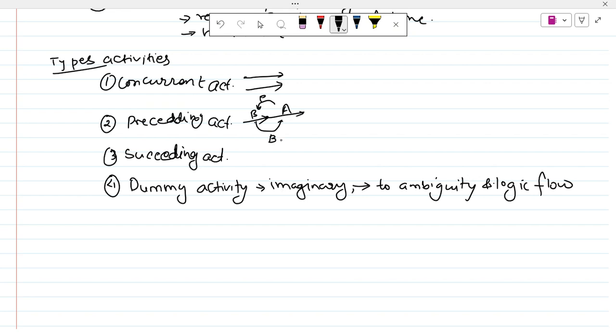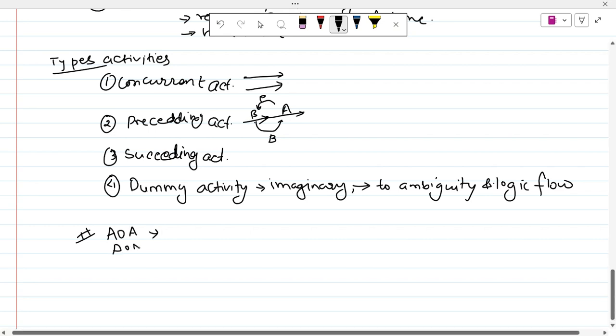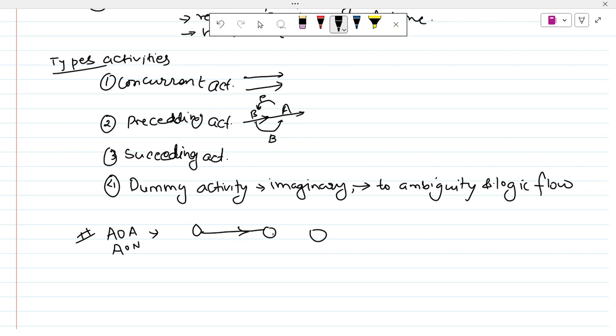Okay, so let us take an example. I have already told you that an activity can be represented on an arrow, which is the AOA network, or on a node, the AON network: activity on node and activity on arrow. For example, in this figure, A and B can be activities represented on nodes, and 1, 2, 3 are events.